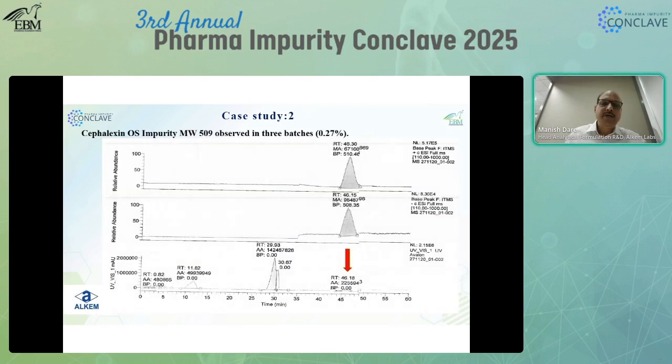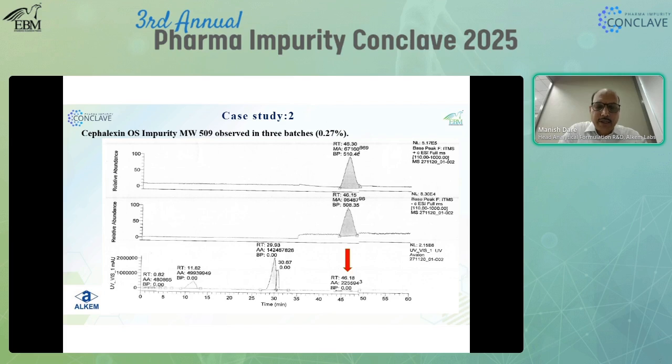Coming to case study 2, there is another product, cephalexin oral suspension, powder for suspension, where we usually use sucrose as the maximum part of the formulation. We came to know that an unknown impurity was observed at around 45 minutes, and this unknown impurity increases during stability.